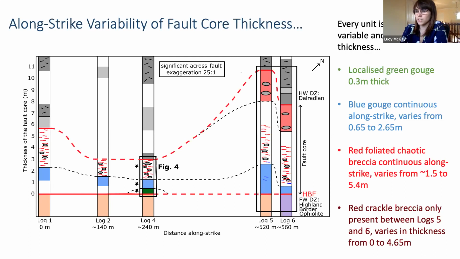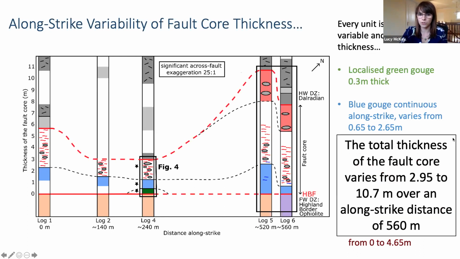Every unit is internally variable and varies in thickness. For instance, the green gouge is only observed at one locality, whereas the red cataclasite is only observed at two different localities. So like I said, each unit is internally variable and varies in thickness at different locations along the fault.